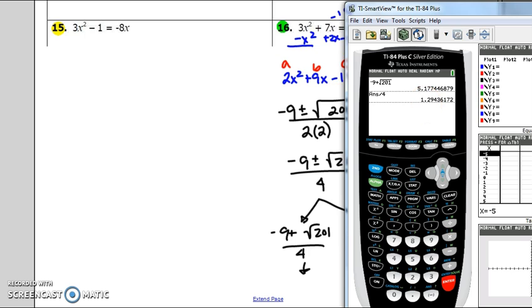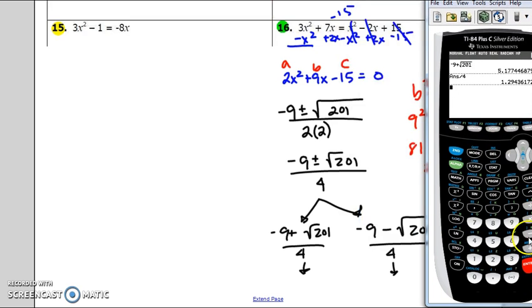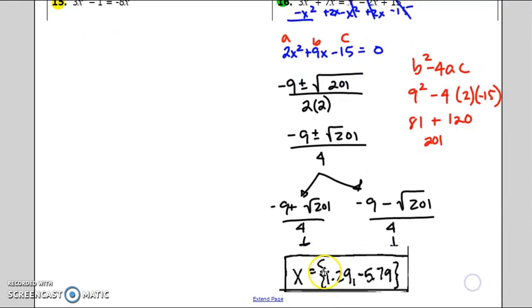So that is 1.29. Okay, then I'll do the next one and then I'll write them both out. So then we want negative 9 minus the square root of 201, enter, divided by 4, enter. So negative 5.79. All right, and there they are.